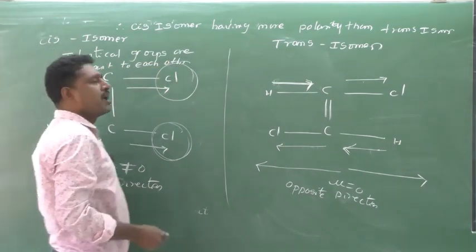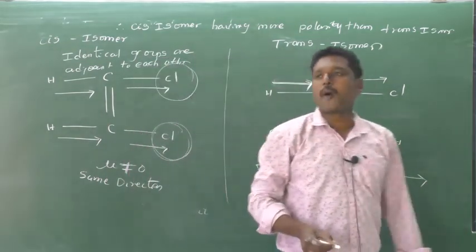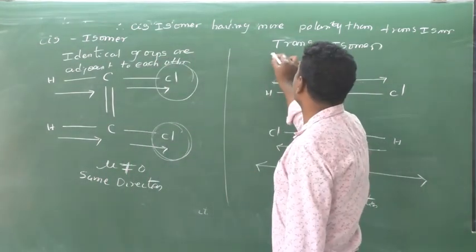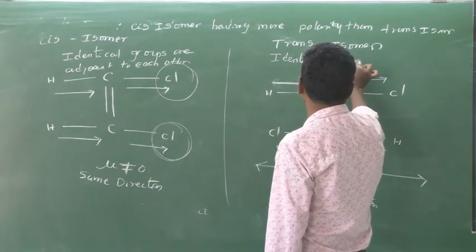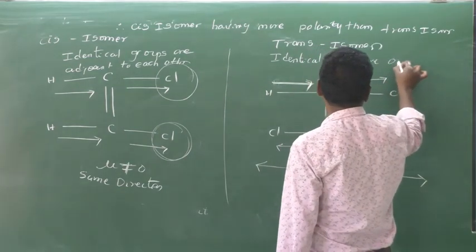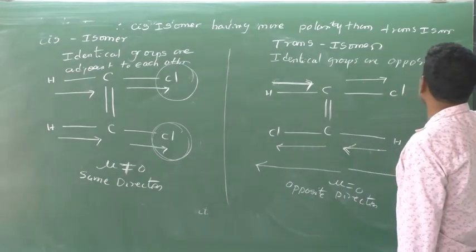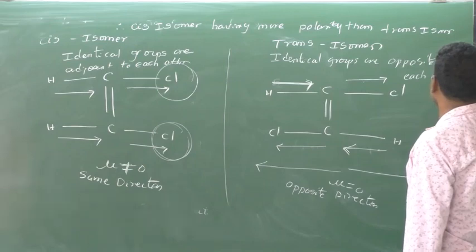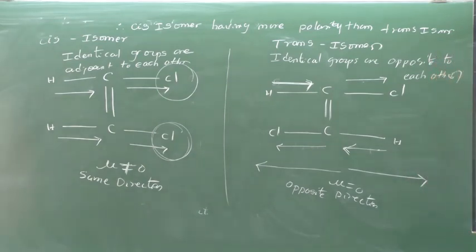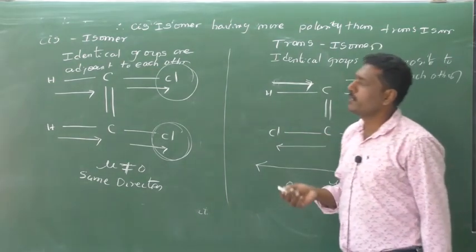And here, in the trans isomer, identical groups are opposite to each other. So this is also one of the important points.